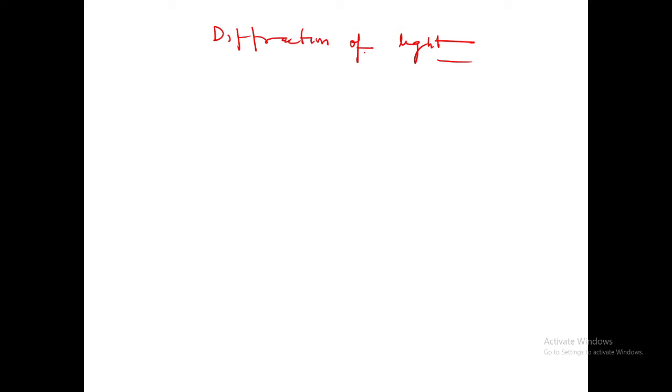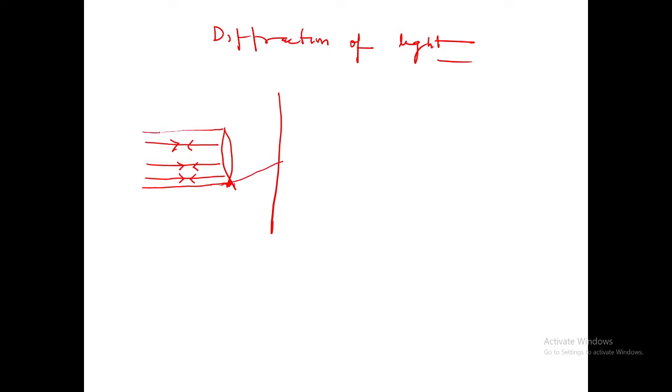So the first case is diffraction from an obstacle. Suppose this is the obstacle and this is the screen. Light strikes and returns back, strikes and returns back. But light which hits at the edge or the corner bends.